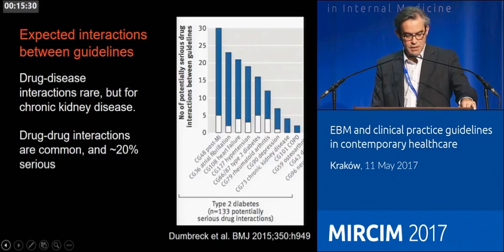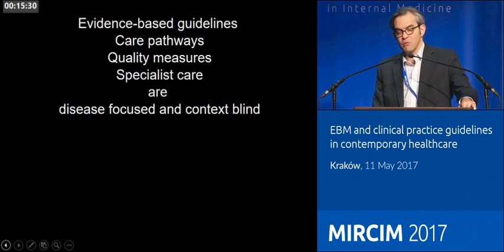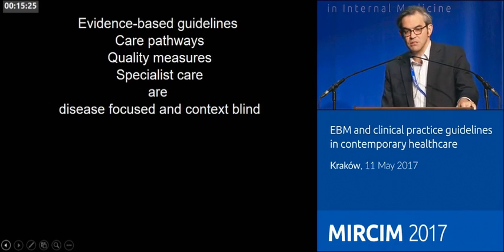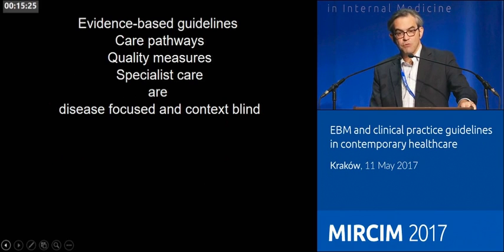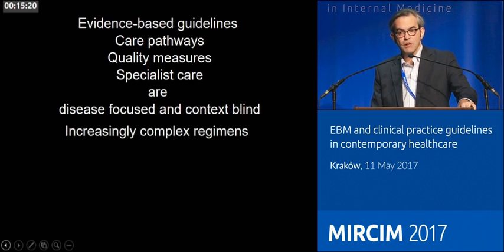So the result of having evidence-based guidelines and care pathways and quality measures and specialist care, disease-focused and context-blind, is that in a patient with multiple chronic conditions, we're going to be putting together increasingly complex regimens.